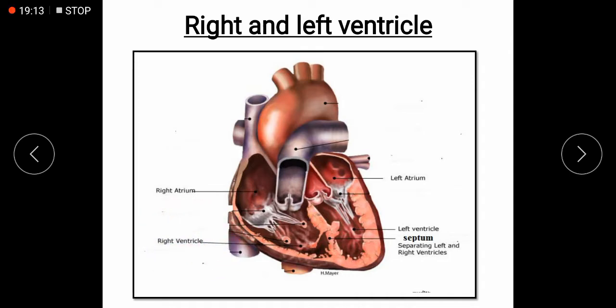However, the right one only distributes the blood to the lungs, so only to one organ in our body, so the wall is not necessarily thicker, it's not necessary to have more muscles. Okay, so this is the difference between the right and left ventricle.